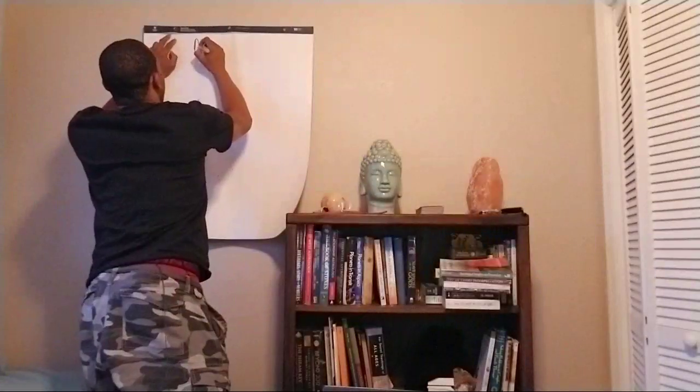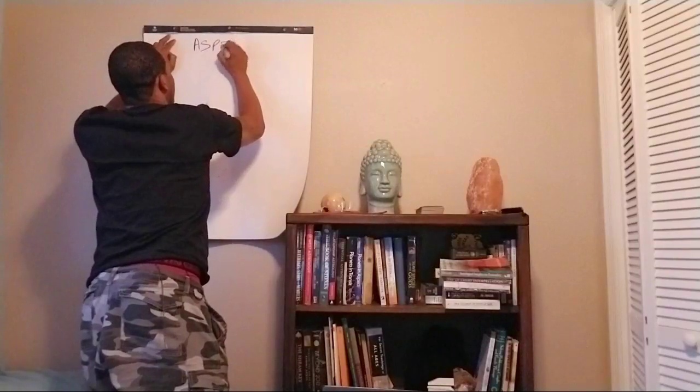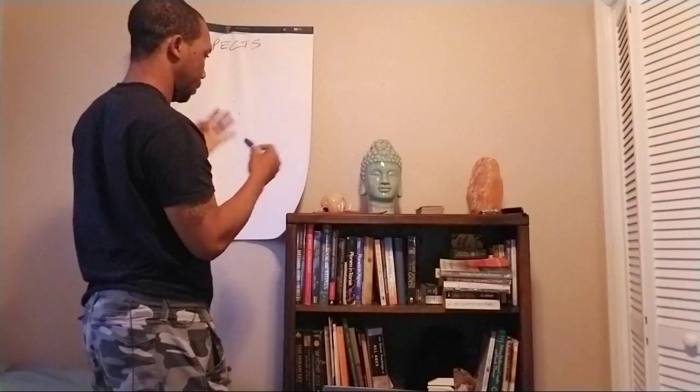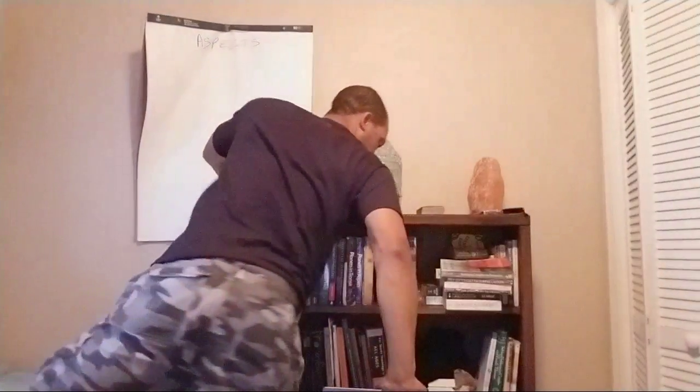So let's look at the word aspects. I think I started to teach you guys about some of the major aspects in your chart in conversation: the conjunctions, then the sextiles, the trines, the squares, and the opposition.